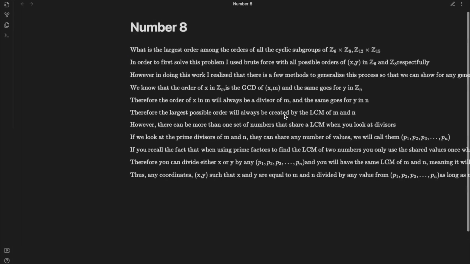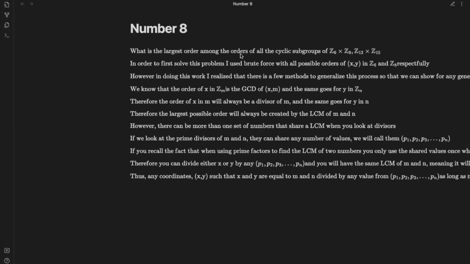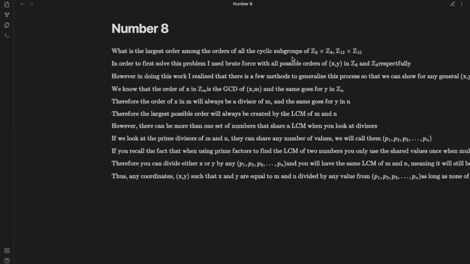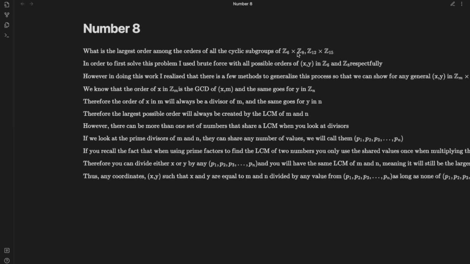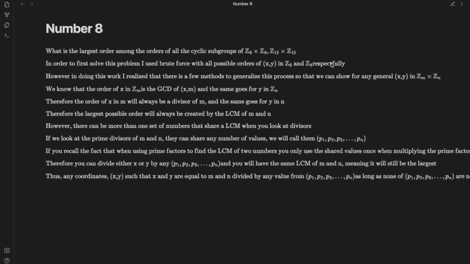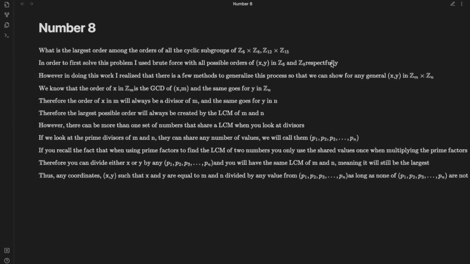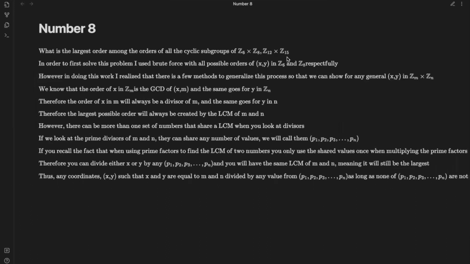For number 8, the original question was to find the largest order among the orders of all the cyclic subgroups of Z6 times Z8 and Z12 times Z15. Instead of brute forcing this, I found the answer simply by taking the least common multiple of 6 and 8 and 12 and 15. However, I had no way to prove that that would be the largest order.